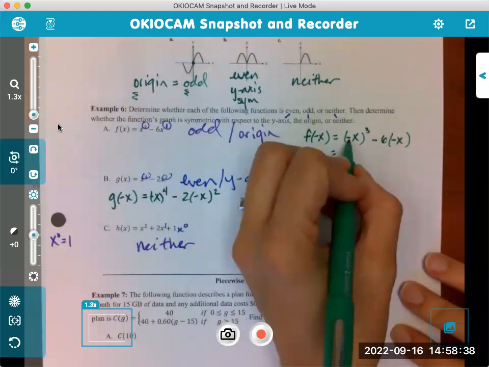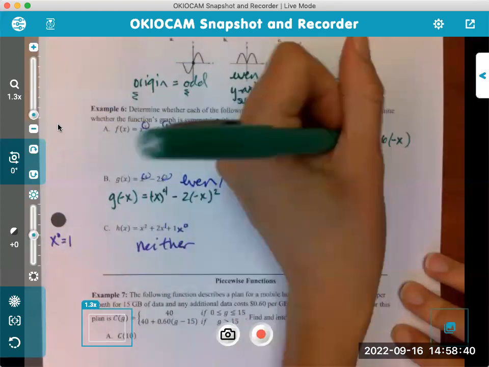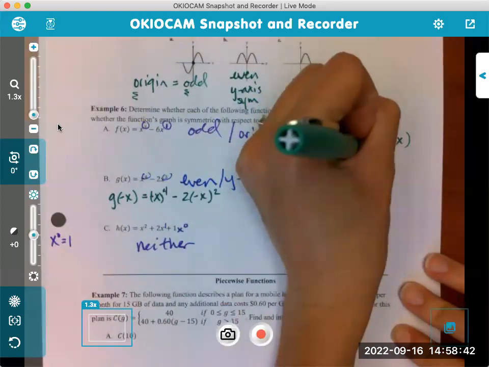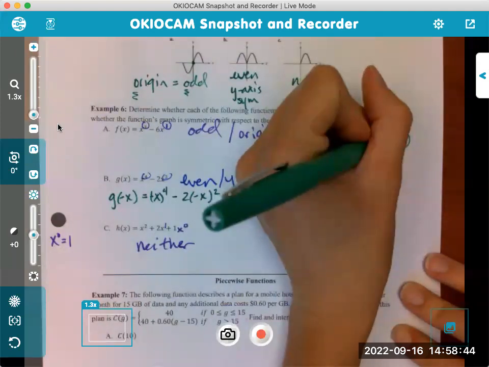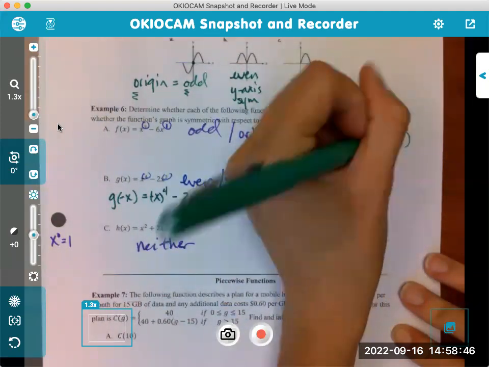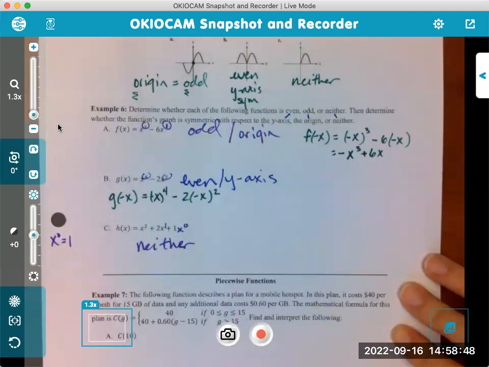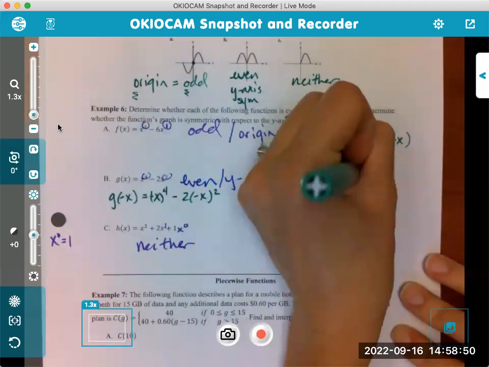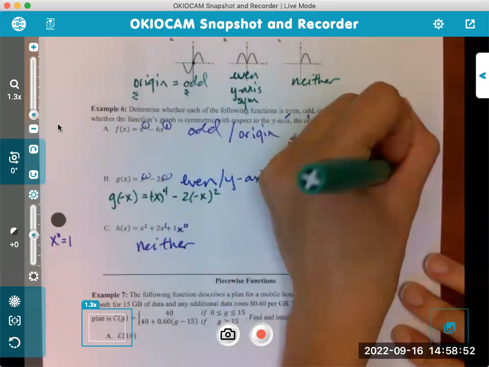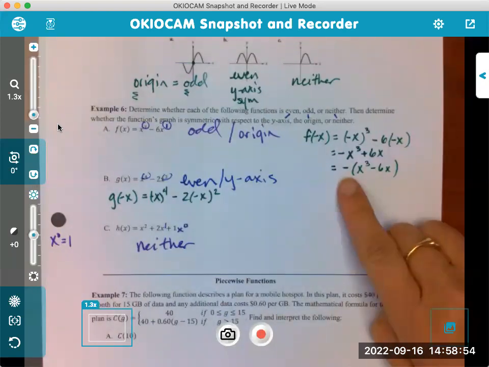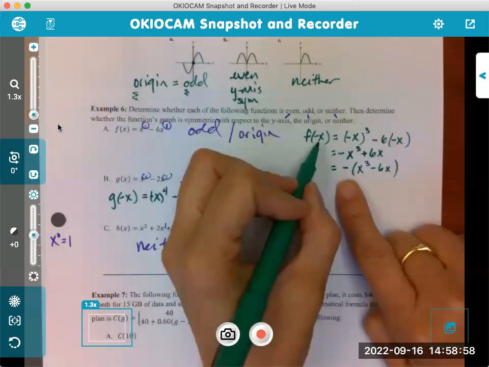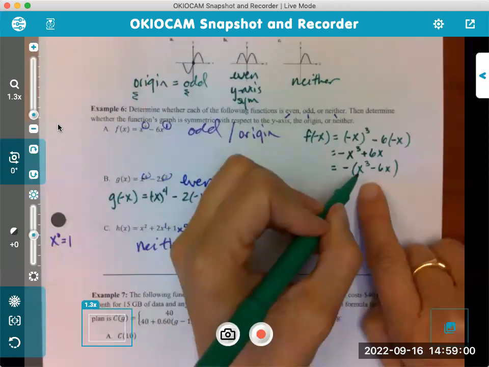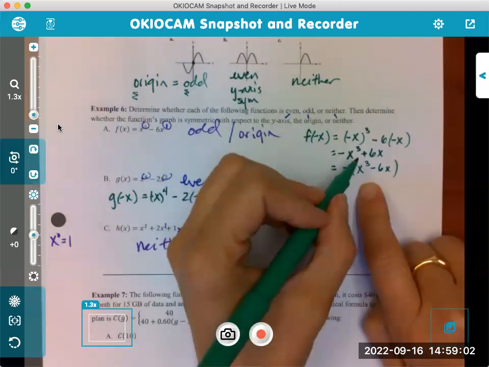Okay, so 3 negatives means overall negative. So I have a negative x cubed. Negative times a negative is a positive, so I have plus 6x. But this is also the negative of x cubed minus 6x. So if I pop in negative x, I get negative y, or notice that all the signs changed.